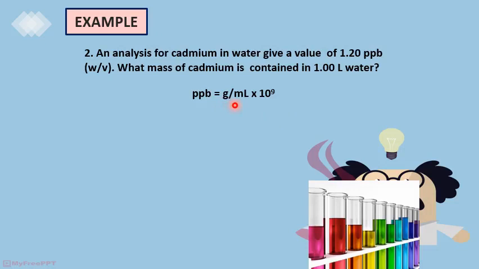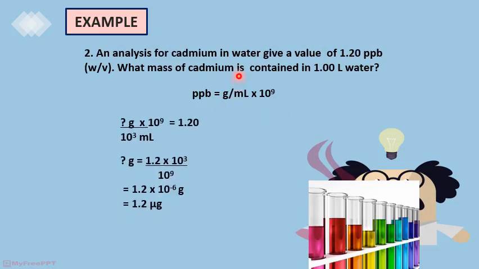When it is 1.2 ppb, what does it mean? Whatever the volume, it is the mass in gram times 10 power of 9 over 1000 milliliter, because this is 1 liter. You want to calculate the mass, so rearrange the equation.